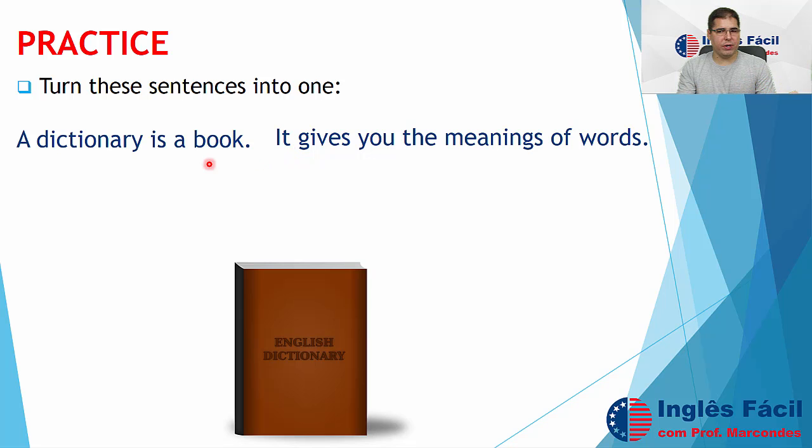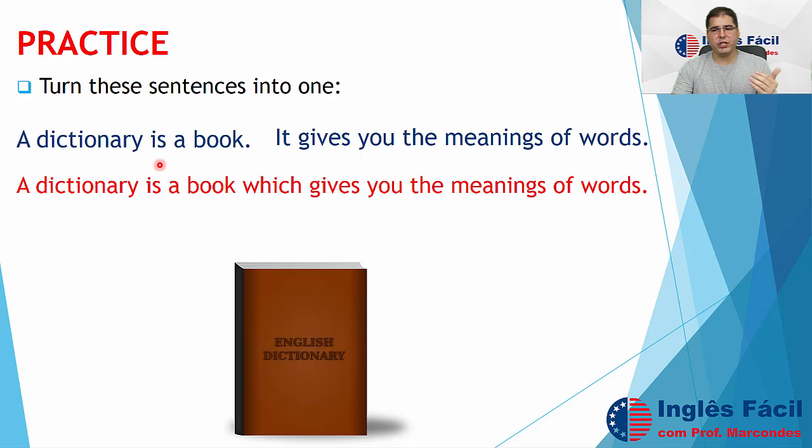Now, a dictionary is a book which gives you the meanings of words. In this case, which is replacing it. Now we have only one sentence providing information about the dictionary, right?